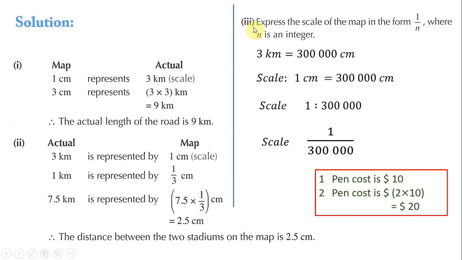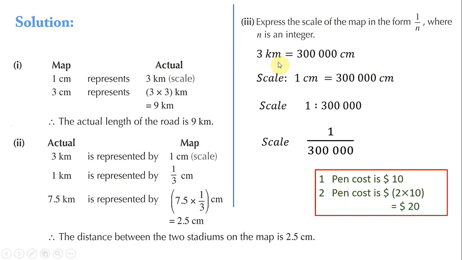In part 3, we have to express this scale, 1 centimeter to 3 km, in this form, 1 over n. When we write any two quantities in the form of a ratio, the units should be the same, but in the scale, units are different. So convert them into the same units. We know that 1 kilometer is equal to 100,000 centimeters.